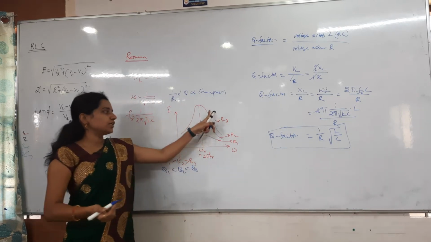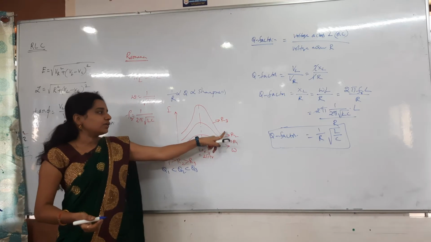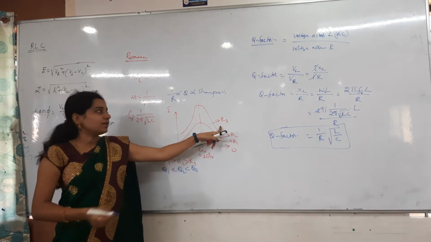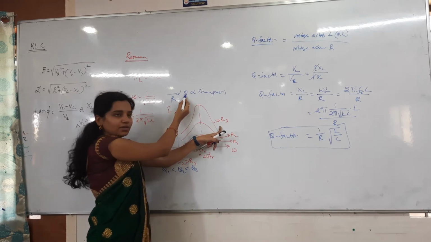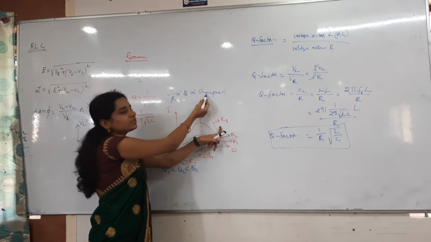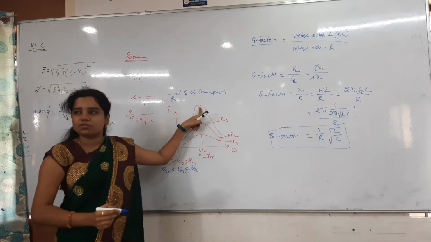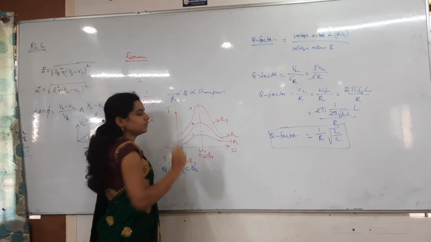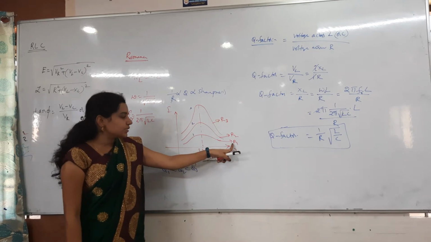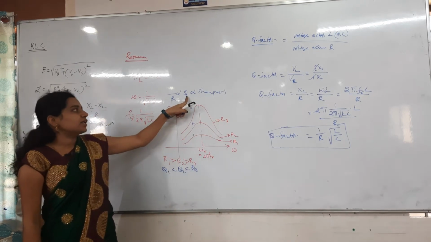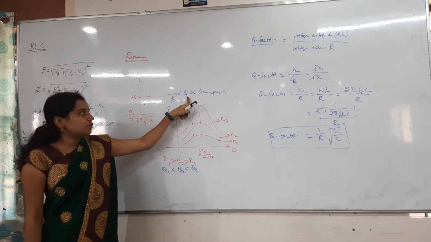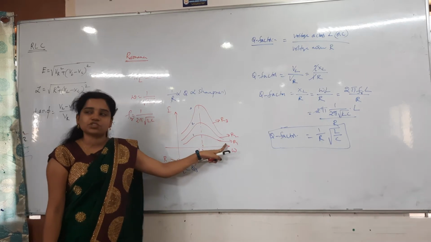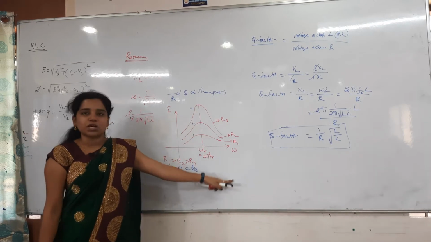Among these three circuits, R1, R2, R3, we already know that R3 is less, so Q3 will be more, and as Q3 is more, the sharpness is also more. I can number these as 1, 2, 3. Now R1 is greater, so Q1 is lesser, meaning Q1 has less sharpness and Q3 has more sharpness.